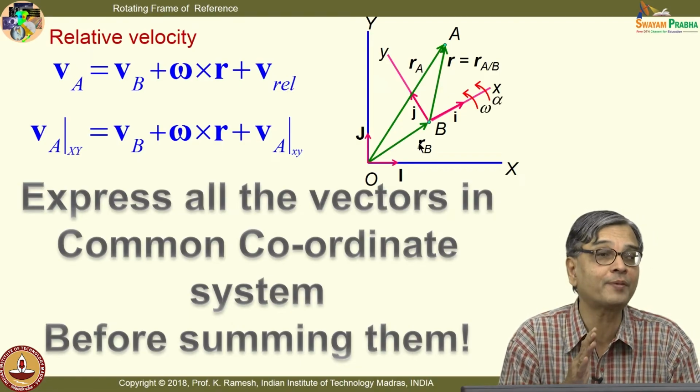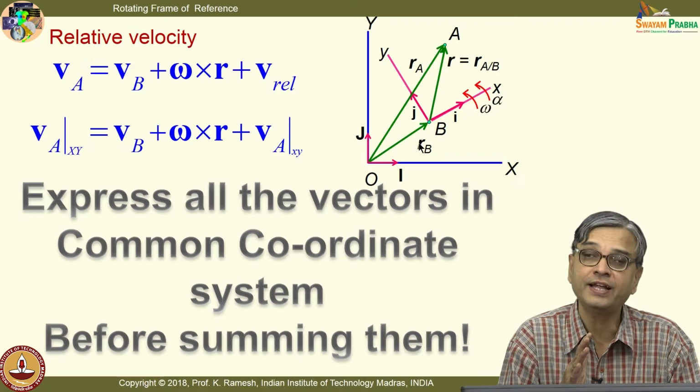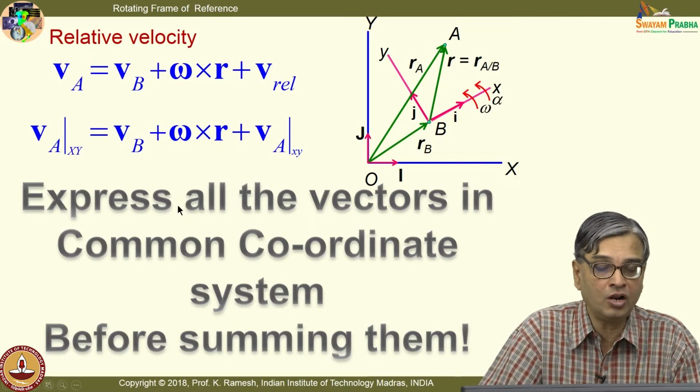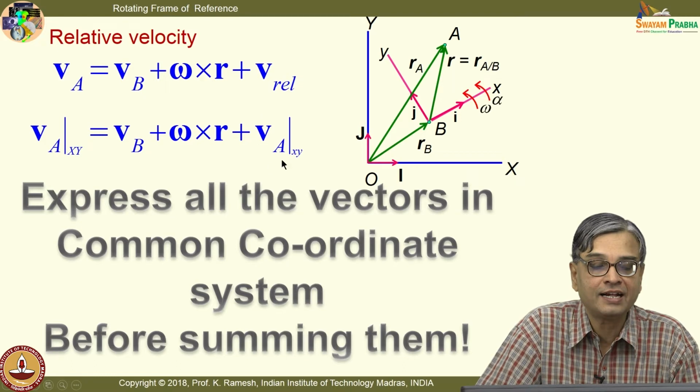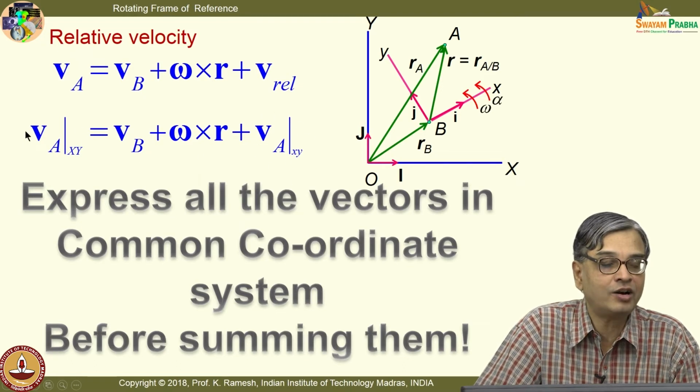Do not rush to solve a problem, fine. So, I express all the vectors in a common coordinate system before summing them, otherwise this expression has no meaning, because certain quantities I get from the rotating frame of reference. This quantity I get from the fixed frame of reference.